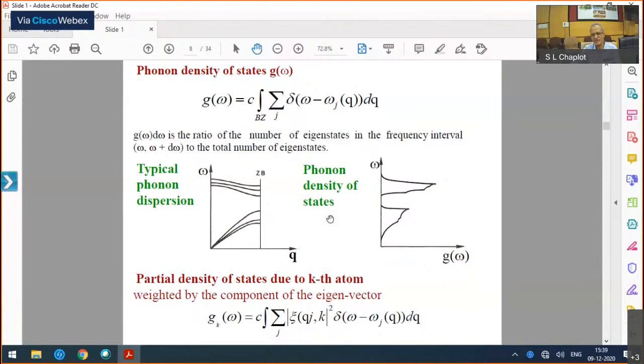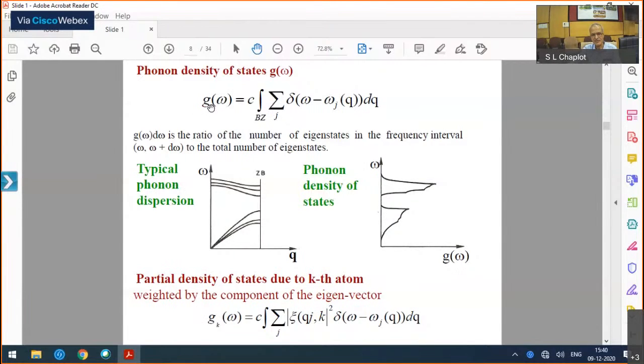You may or may not have separate structures from acoustic or optic modes; if there are no band gaps, you may not have a gap here, but the density of states is there. Unlike the detailed phonon dispersion curves, the density of states is easier to look at, and it is very useful to calculate many of the thermodynamic properties of the materials.